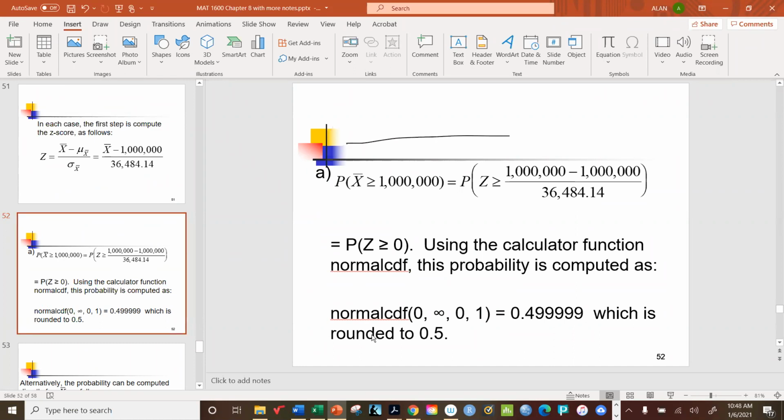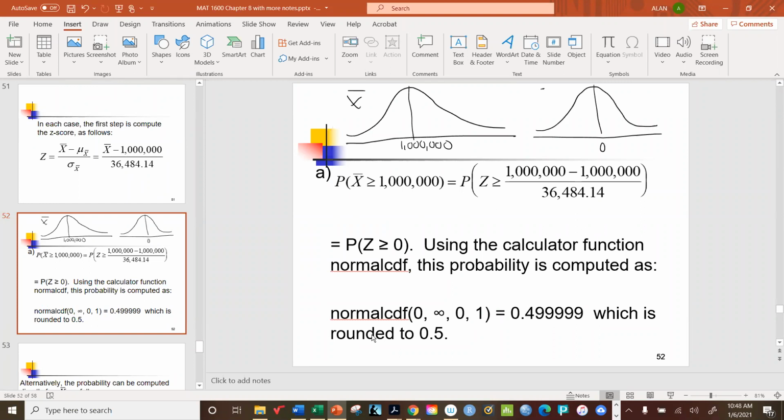Why is that? Because $1 million is the exact center of this distribution. So that would be the equivalent of asking, what's the probability that z is above 0?